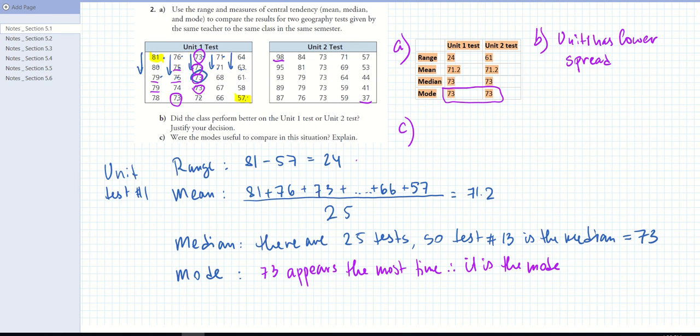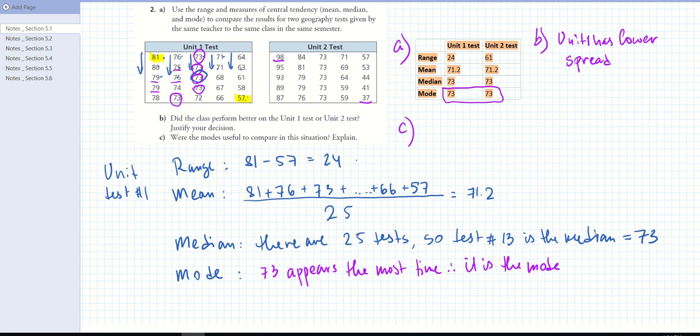But as a teacher, for example, if I look at this and I see that in both tests most people scored 73, mode being the most frequent score, that tells me where most people are. So it depends how you look at it. If you're just comparing the two tests and seeing the values for the mode, then it's not useful because it's exactly the same.